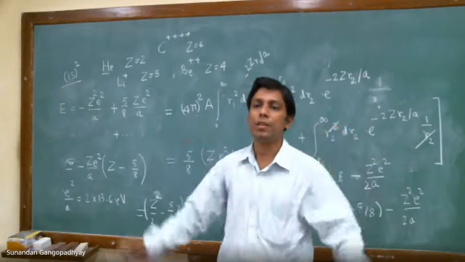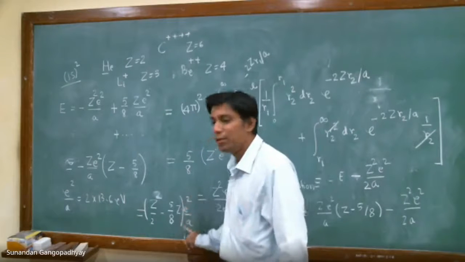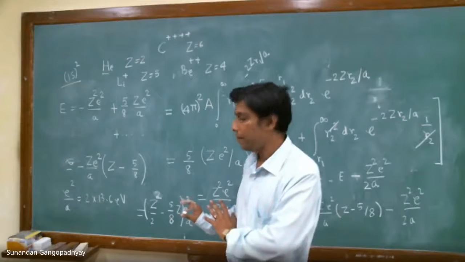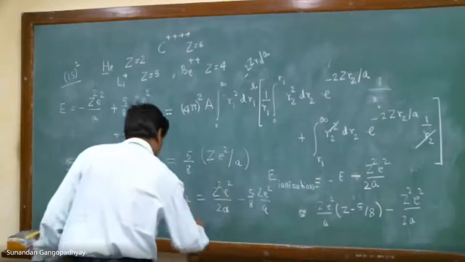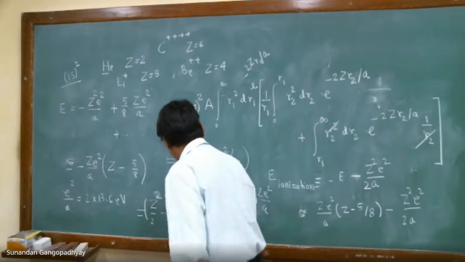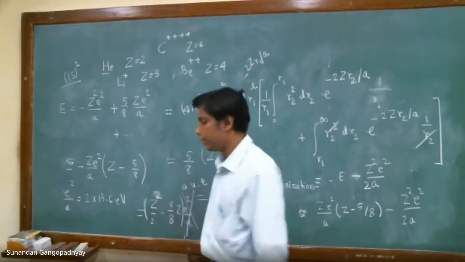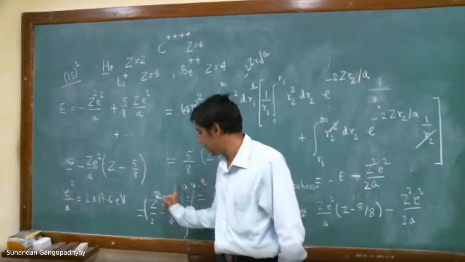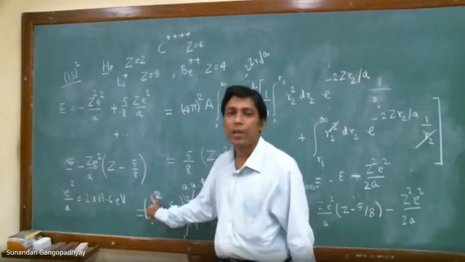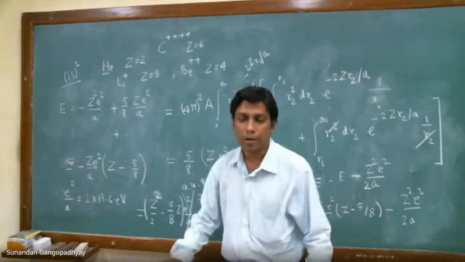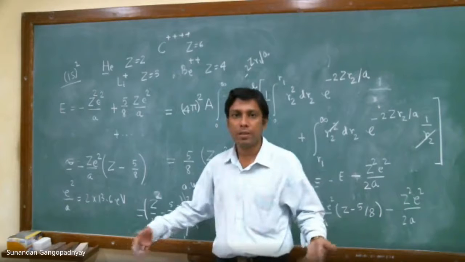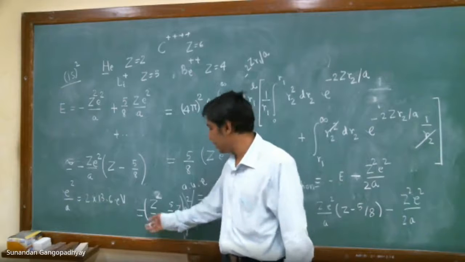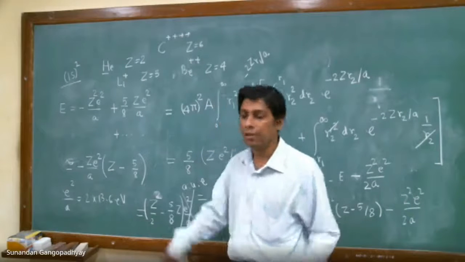So you don't need to worry about 2 into 13.6 electron volt every time. In atomic units, the ionization energy depends only on this nice result, which is a function of the atomic number Z, and it is a pure number, because Z is dimensionless.